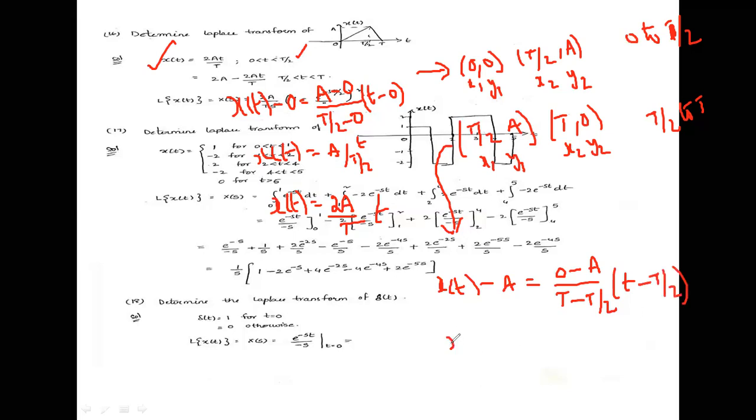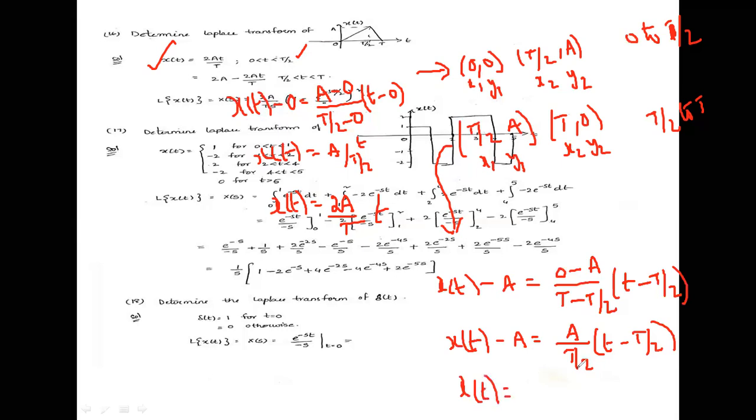Okay, so x of t minus a is equal to (0 minus a) by (T minus T/2), into (t minus T/2). Got it, my dear students? That is equal to x of t.